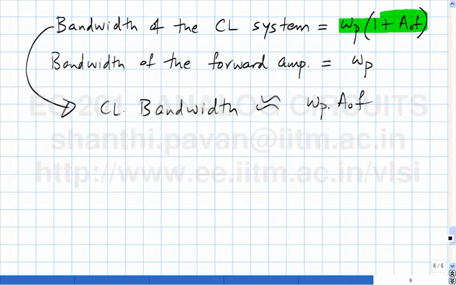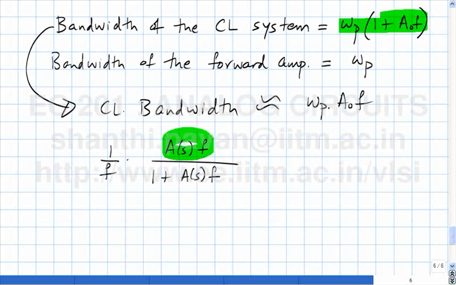Let me explain this. Please note that the closed loop bandwidth is of the form 1 over f times A of s times f by 1 plus A of s times f. As omega goes on increasing, this term is reducing, so is this. Initially at DC, these two are very large numbers, and as frequency goes on increasing, these numbers start to reduce.